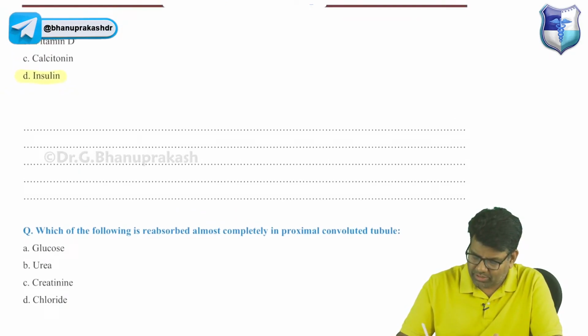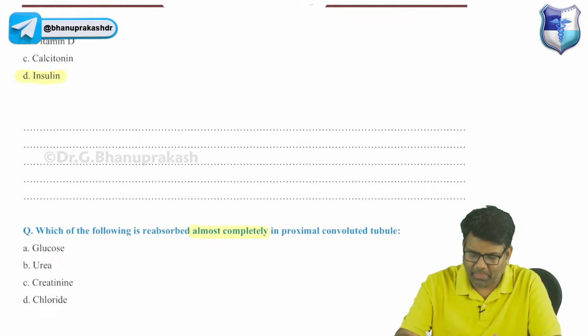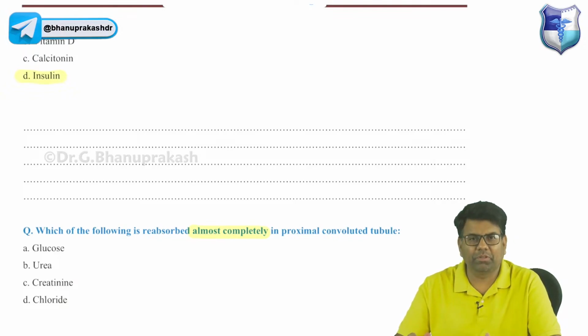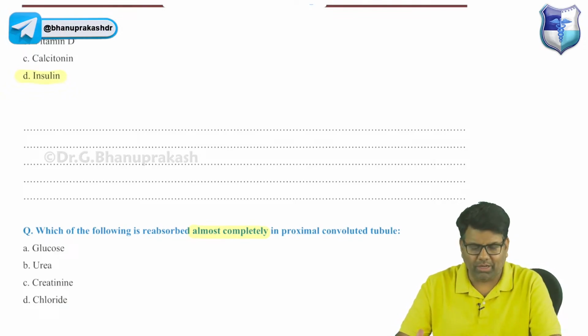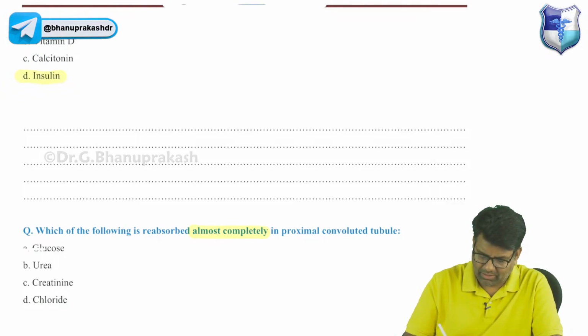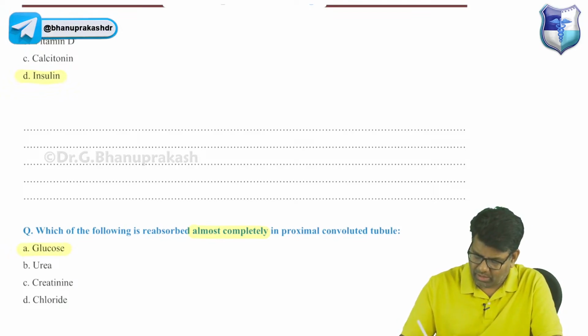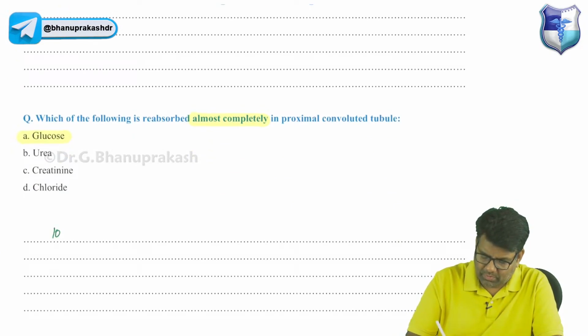Which of the following is reabsorbed almost completely in the PCT? Of the following, which is 100% reabsorbed from the kidneys? Perfect. The answer is glucose. Glucose is reabsorbed 100%, and there are two things with 100% reabsorption.